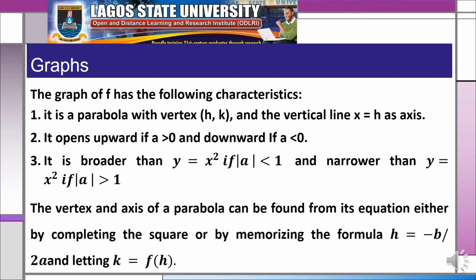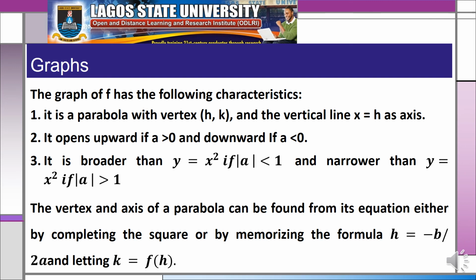The graph of a quadratic function has the following characteristics. 1. It is a parabola with vertex (h, k) and the vertical line x equals h as axis. 2. It opens upward if a is greater than 0 and downward if a is less than 0. 3. It is broader than y equals x squared if the absolute value of a is less than 1, and narrower if the absolute value of a is greater than 1.